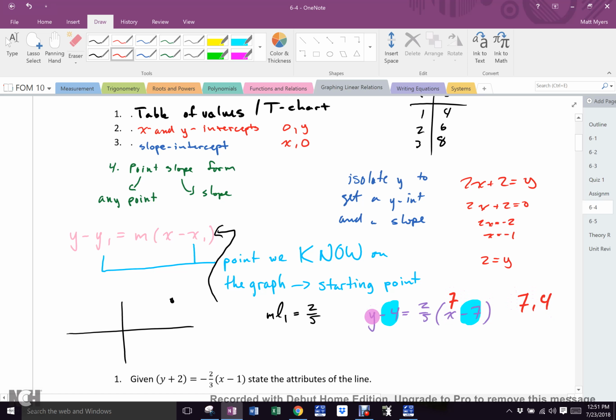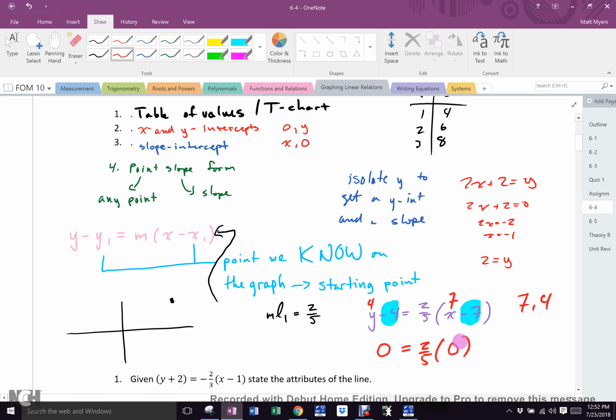So what would I write there? 4. What is 4 minus 4? 0. What is 7 minus 7? 0. 2/5 times 0 is 0. Does 0 equal 0? Yes. This is why your starting point must actually go on the graph as an opposite, because you need 0 to equal 0, algebraically speaking.